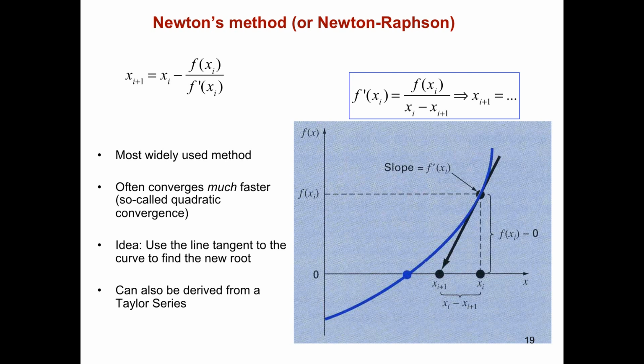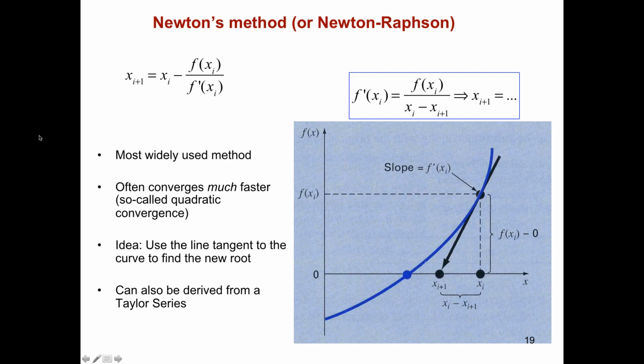The fourth method that we're going to introduce is Newton's method, or so-called Newton-Raphson. In this method, xi plus 1 is given by the formula up there. What we're really doing is the following. These are my current iterate xi, and this is my function in blue here.